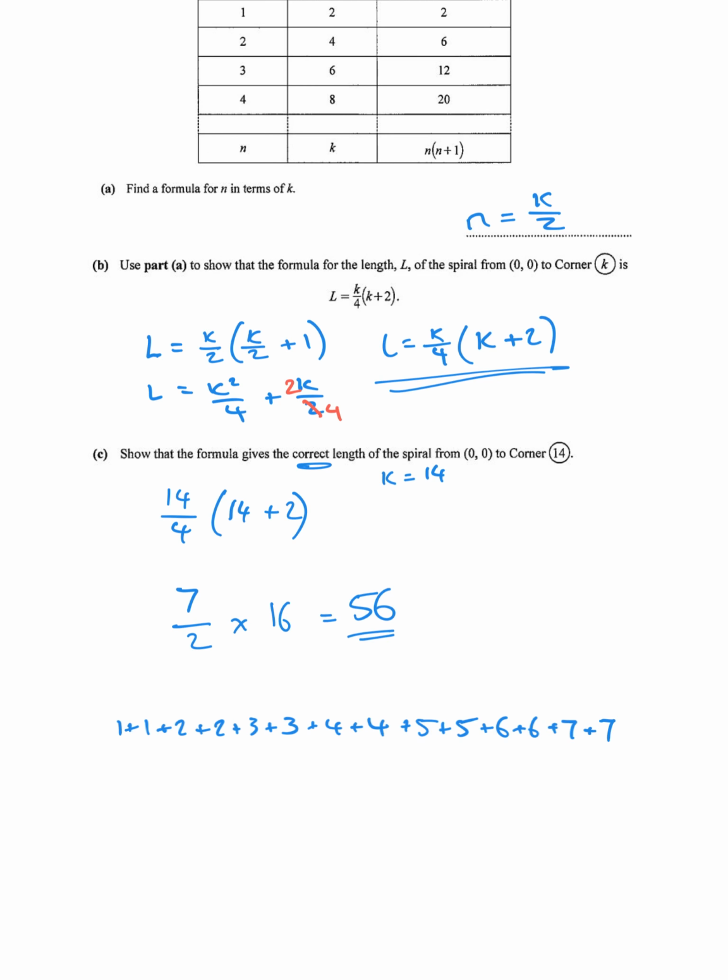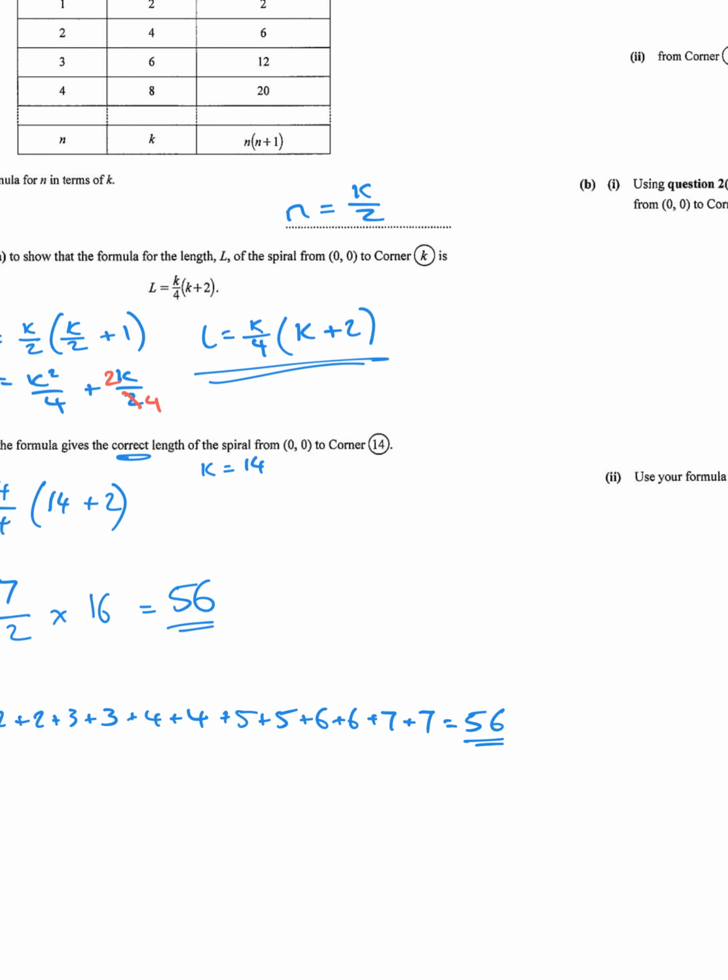Bang on. Hopefully it adds up to 56. Let's check. 1, 2, 4, 6, 9, 12, 16, 20, 30, 42, 56. Fantastic. And so we've shown that it is correct for our formula. What's quite interesting there, which is what it's leading us into on purpose, is that for the 14th one we ended up adding 7 at the end. How curious.